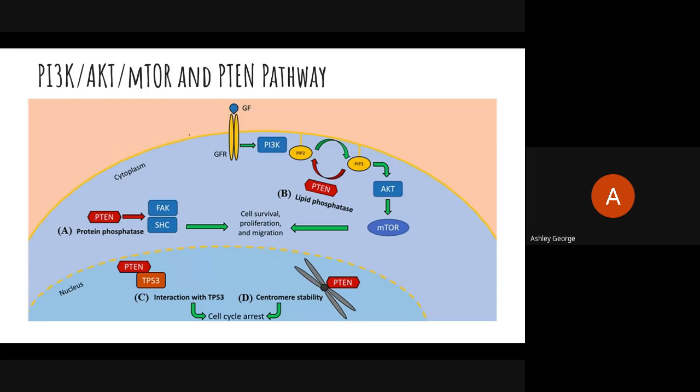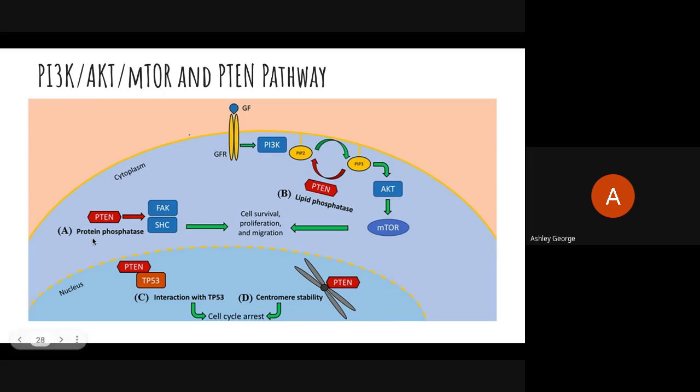This diagram shows the role that it plays in regulating the conversion of this yellow circle over here, PIP3 to PIP2, which is right here as shown by this red arrow, and preventing the phosphorylation of this AKT over here, which then prevents irregular activation of mTOR, and then dysregulating cellular functions.